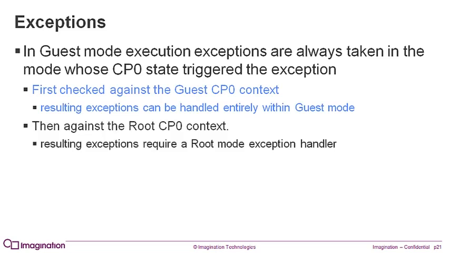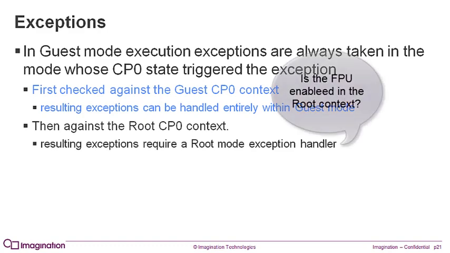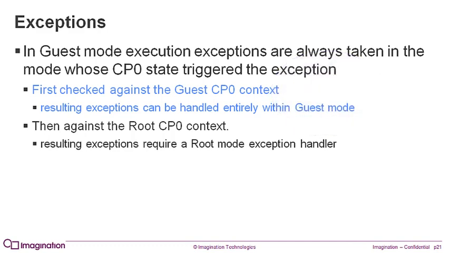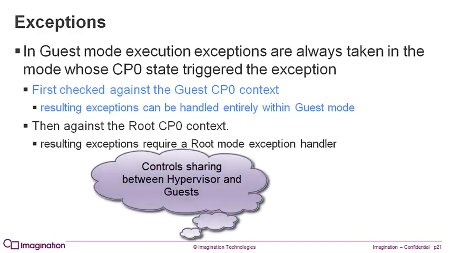If they are both set, then the root CP0 context is checked. There is a chance that the root status CU1 bit might not be set. Then the exception will be raised in the root mode and the exception will be handled by the hypervisor exception handler. For this FPU example, this is a way to control FPU sharing between the hypervisor and multiple guests.